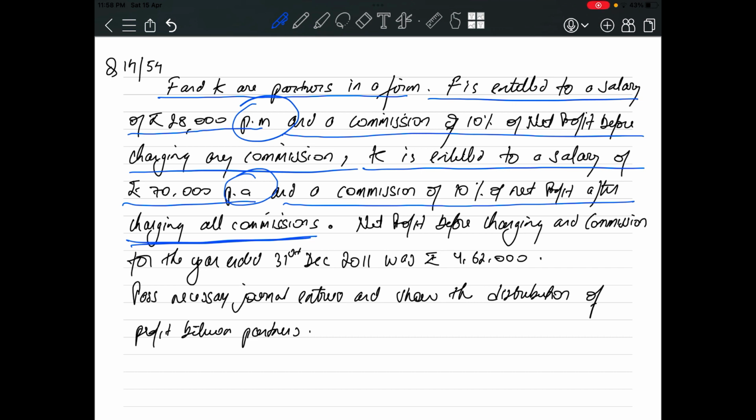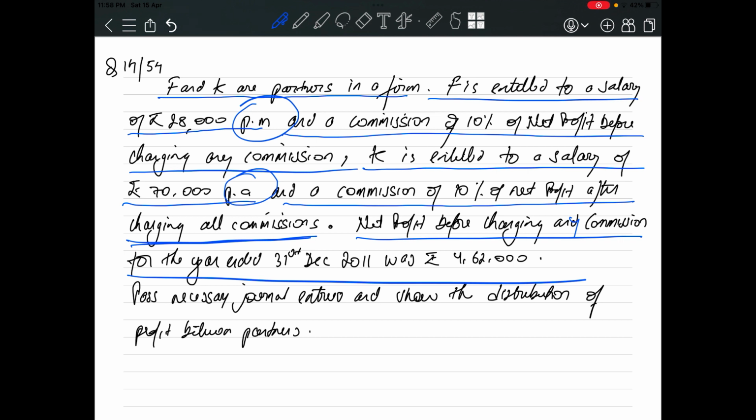Now, the net profit before charging any commission for the year ended 31st December 2011 was 4,62,000.